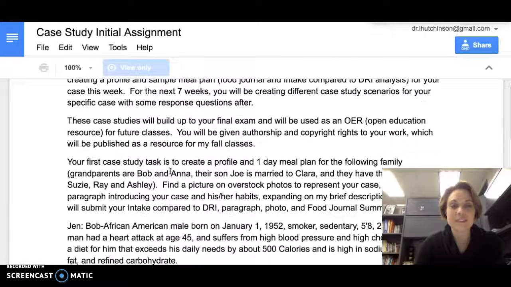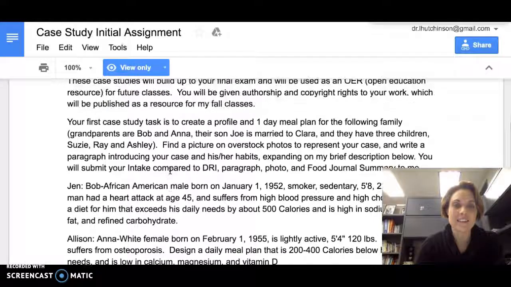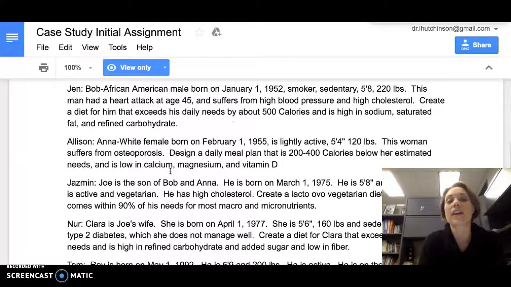So we had Bob, who was an African-American male born on January 1st, 1952. He was a smoker, sedentary, and 5'8" and 220 pounds. He had a heart attack, has high blood pressure and high cholesterol, and his diet exceeds his daily needs by about 500 calories and is high in sodium, saturated fat, and refined carbohydrate.